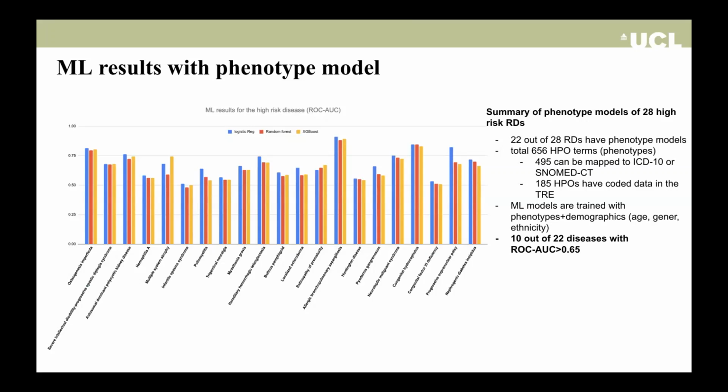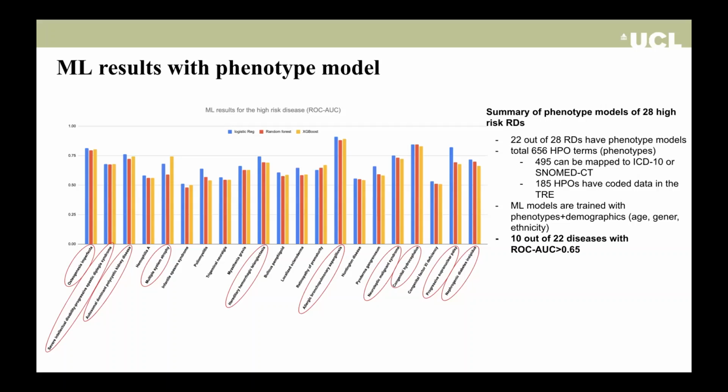So a summary for the phenotype model and the machine learning model is that we can find the phenotypes of 22 rare diseases out of 28 in total, which have over 1,650 phenotypes in total, and nearly 500 phenotypes can be mapped to either an ICD code or SNOMED, and almost 200 phenotypes we can find coded data for in the national data set.